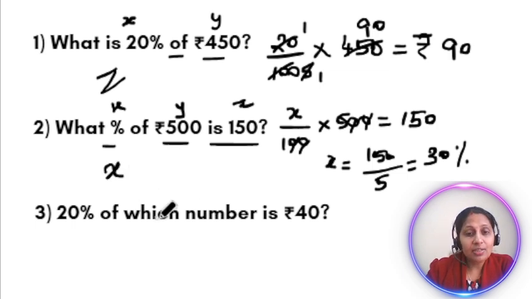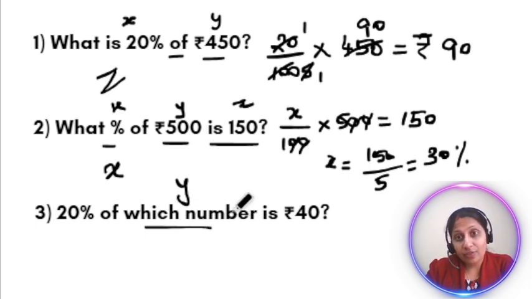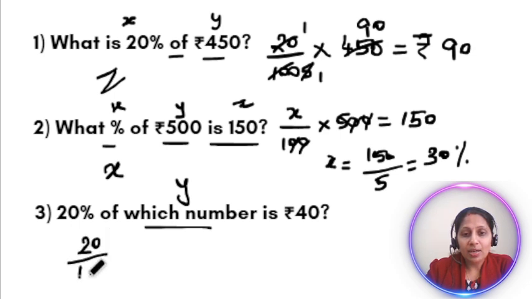And the third format is, 20% of which number? Since they are asking which number, obviously it's Y. "Of which": "of" is followed by Y most of the time. So 20% of Y is 40. Find your Y. So 20 by 100 times Y equals 40.